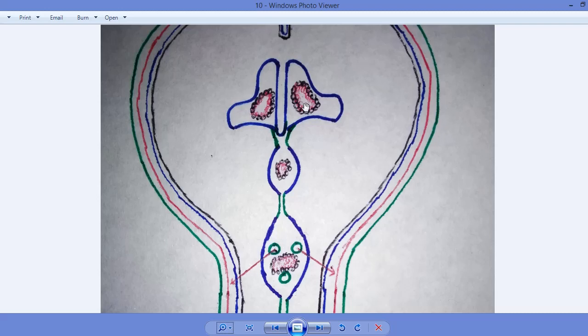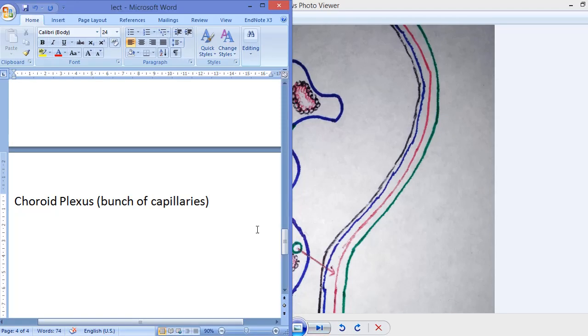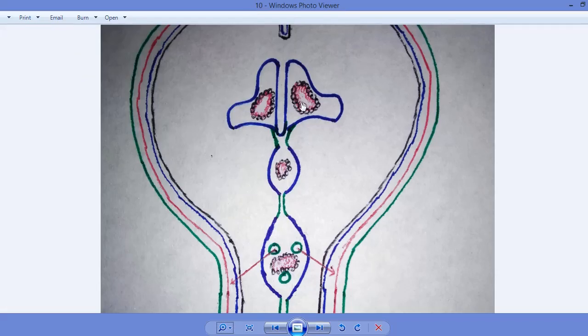The plasma filtration occurs in this area through the bunch of capillaries into the ventricle, and daily, roughly up to 500 ml of CSF is formed in the choroid plexus, and it goes into these ventricles.